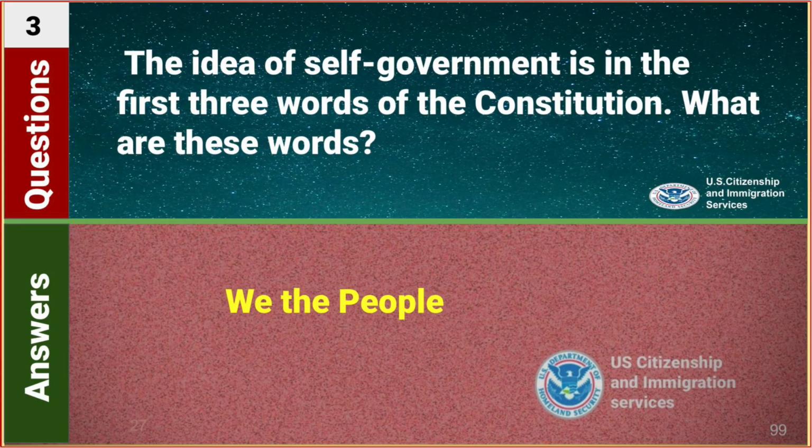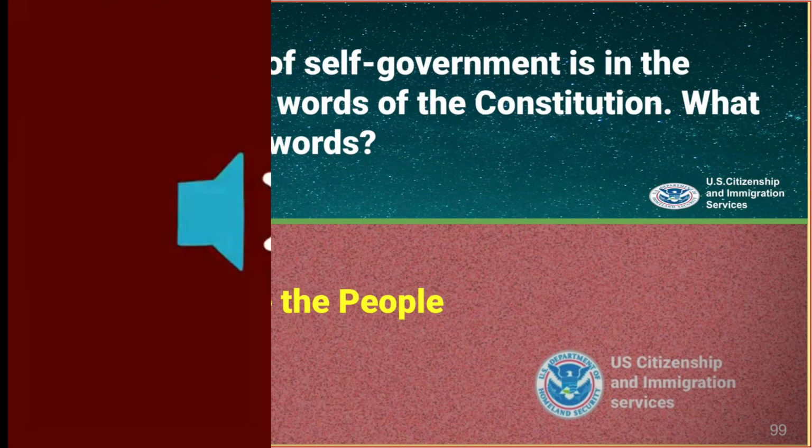The idea of self-government is in the first 3 words of the Constitution. What are these words? We the people. What are the 2 parts of the U.S. Congress?